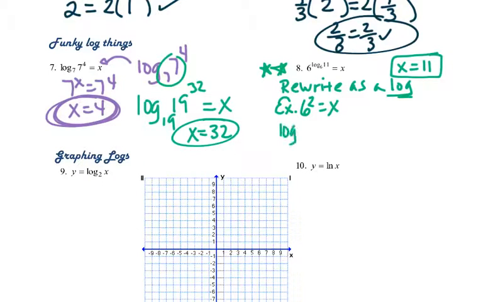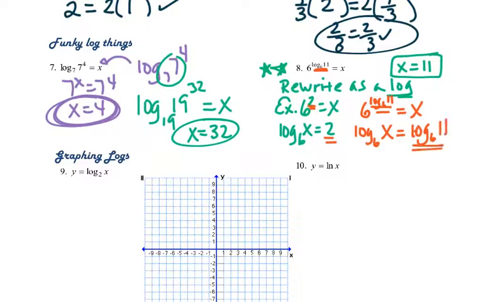Then we would be like log base 6 of x equals 2, right? 6 squared equals x. Same thing, but now instead of a 2, we have this log base 6 of 11. So 6 to the log base 6 of 11 equals x. This is the log base 6 of x equals, remember that 2 just went there, so the log base 6 of 11 goes there. And then you're like, oh, so clearly x is 11.